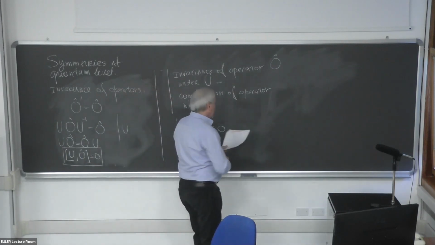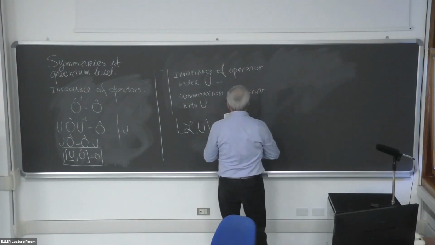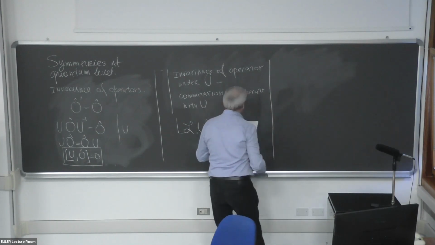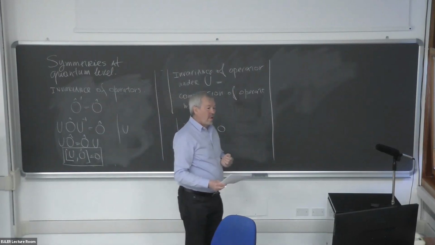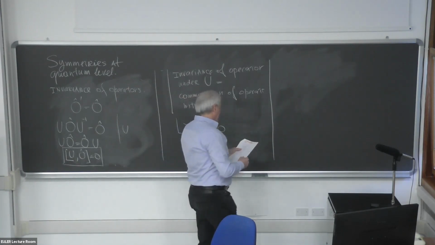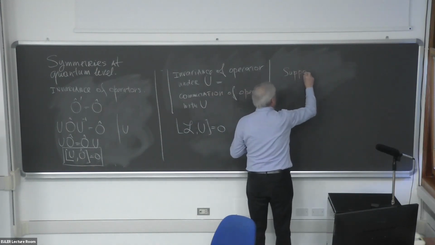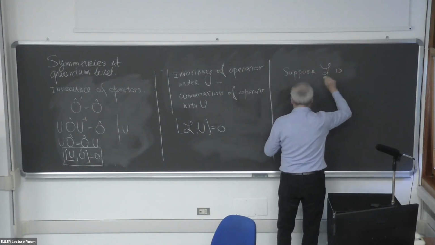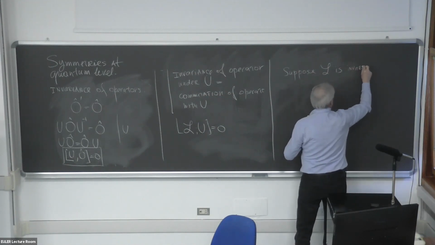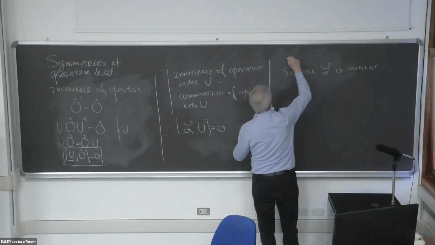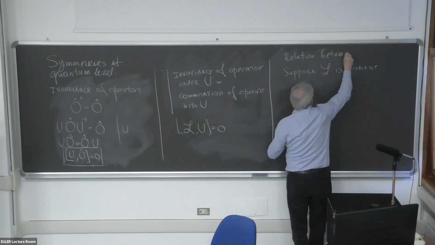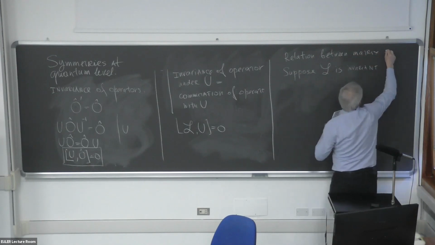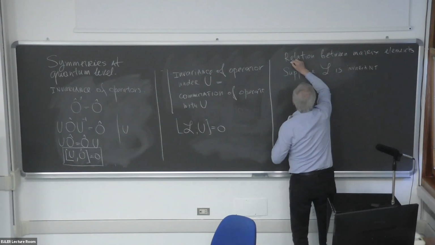Now let me discuss physical consequences of invariance. As you remember, we have a list of possible consequences of symmetries, and one of these consequences is a relation between different matrix elements of different processes, or a relation between probabilities or cross sections of different processes. So suppose that our Lagrangian or Hamiltonian is invariant. This is the relation between matrix elements of different processes that we are discussing.